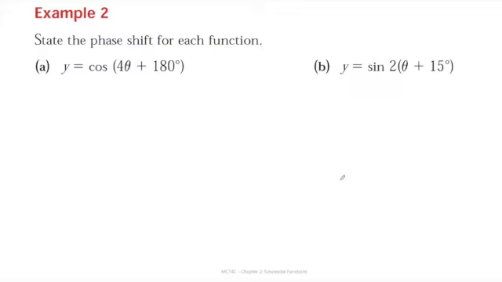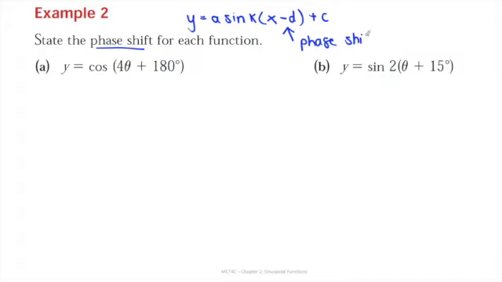This next one, I want you to state each phase shift. So remember, if we look at our function, our D is our phase shift, okay? So we have to figure out what our D is, but for this first one, we need to remember to factor, right? 4 theta.